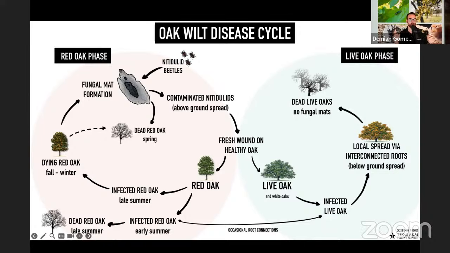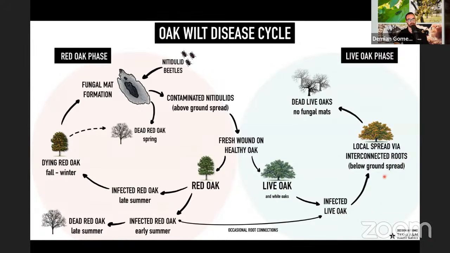But it all starts with a fresh wound on a healthy oak. And I'm going to try to walk you through this. I think you should be able to see a laser pointer here, but it all starts with a fresh wound on a healthy oak. If that fresh wound happens on a live oak, and white oaks are kind of the same thing, we're going to have an infected tree, and local spread via those interconnected roots.